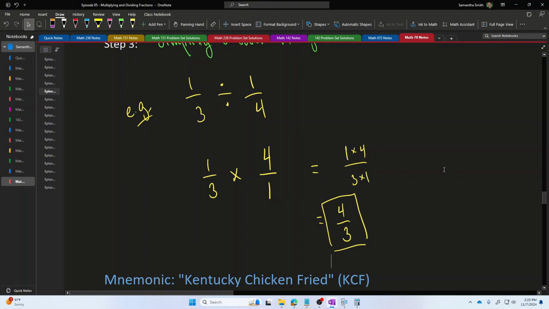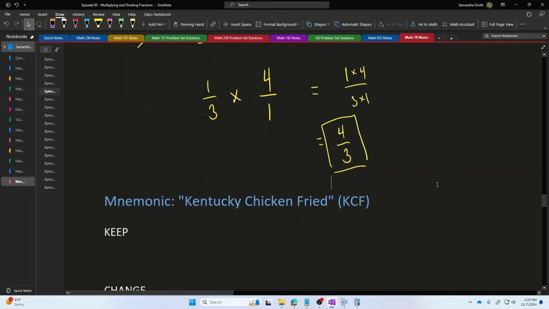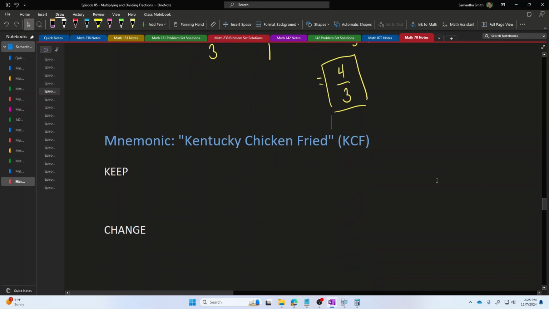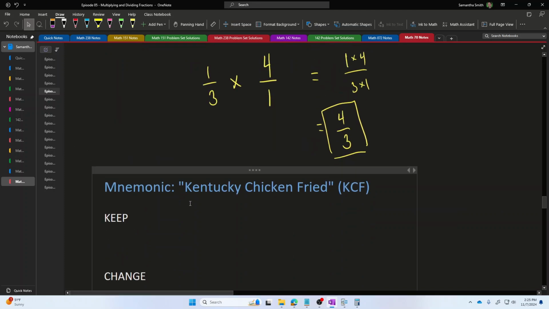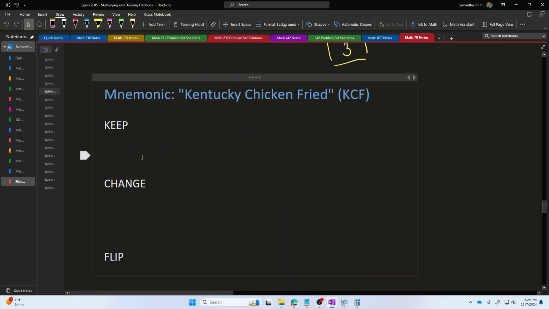Now, there is a memory aid that I learned if you're working with fractions. The memory aid that I learned was Kentucky Chicken Fried, or KCF for short. And the Kentucky Chicken Fried memory aid stands for keep, change, flip.